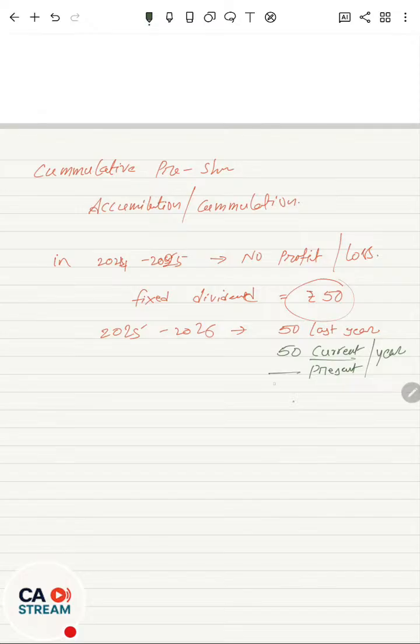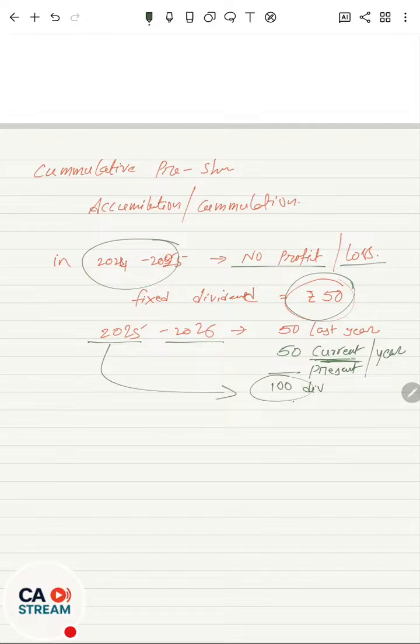So totally he gets 100 rupees of dividend in 2025-2026. That means the dividend in the year when it was not paid because of no profit should be accumulated, added back to the current year's profit, and now in the year 2025-2026, he is getting 100 rupees of dividend.